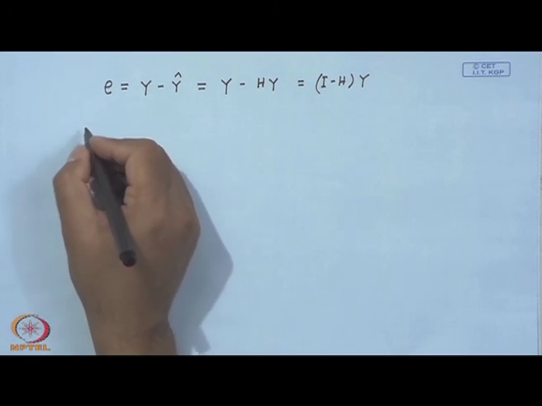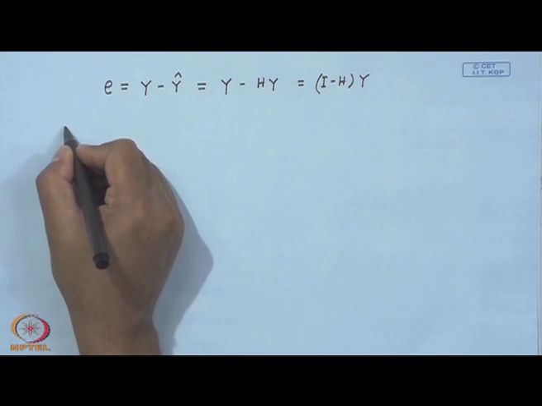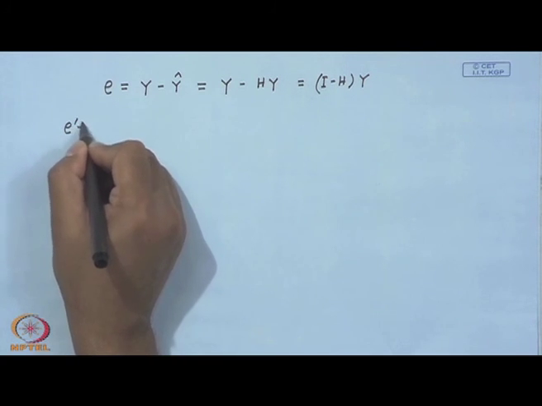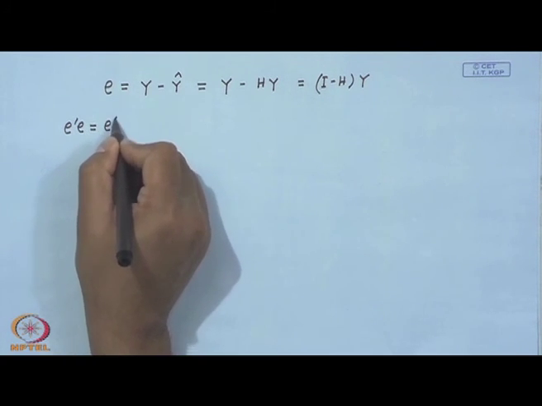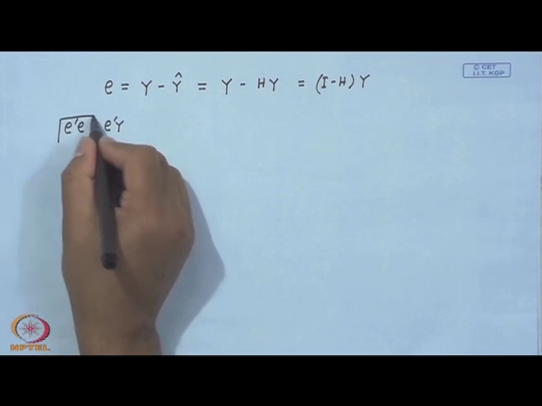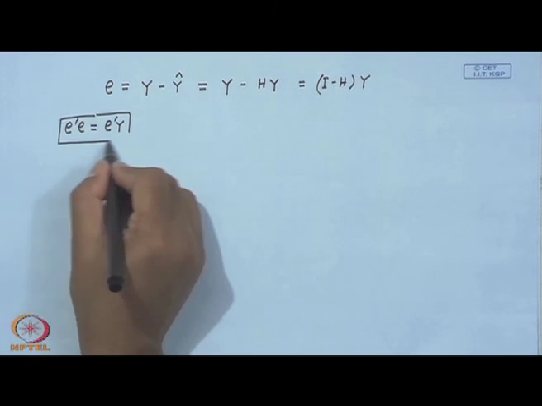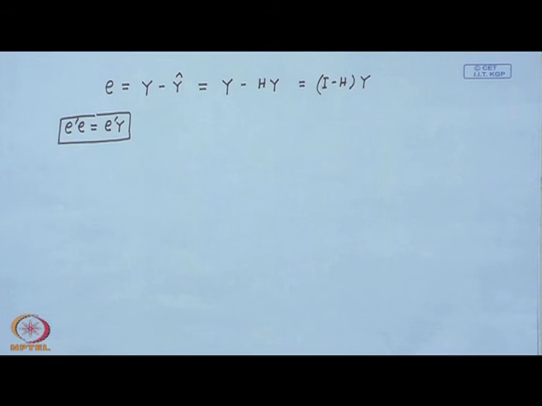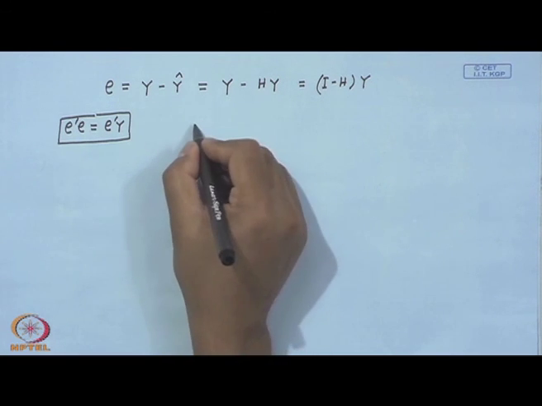Now what I want is to prove that E prime E is equal to E prime y. I have a formula for E in terms of the hat matrix. So let me start.